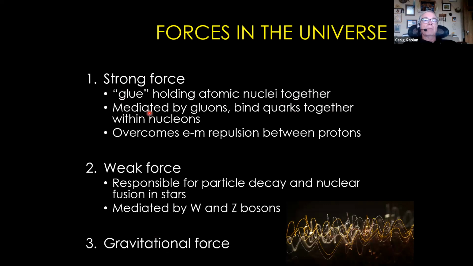It's mediated by gluons and quarks together with nucleons. It overcomes the electromagnetic repulsion between protons. So the strong force is what keeps protons in the nucleus, because otherwise they're the only positive charges in there. Neutrons have no charge, so this is what keeps them in the nucleus.